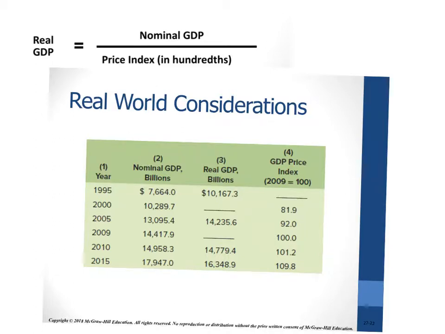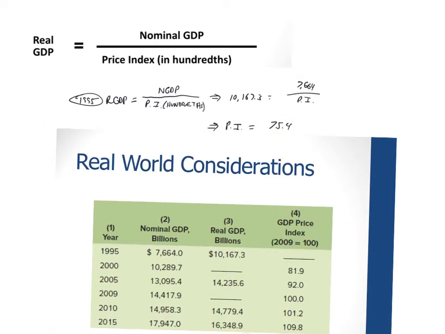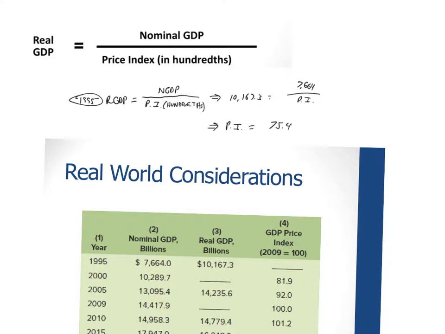We can use the formula above, which is real GDP equals nominal GDP divided by the price index, and just replace the nominal GDP or real GDP or price index numbers with the numbers that are given to us in the chart. So I have it right here in black where you see nominal GDP as 7664, which is nominal GDP, and then they're also giving us real GDP, which is the 10167.